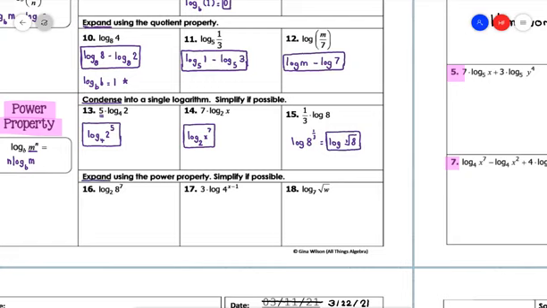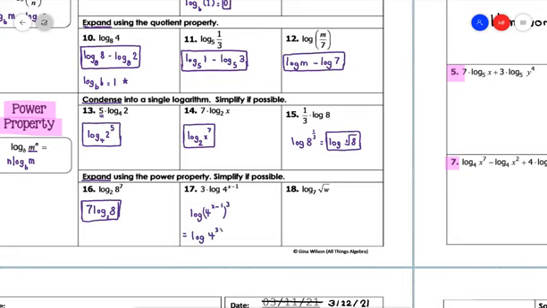Now in the next part we are expanding. So the 7 will come down, log base 2 of 8. Then on number 17, log base 10 of 4 to the power of x minus 1 to the power of 3. Remember, whenever we take a power to a power, we multiply.